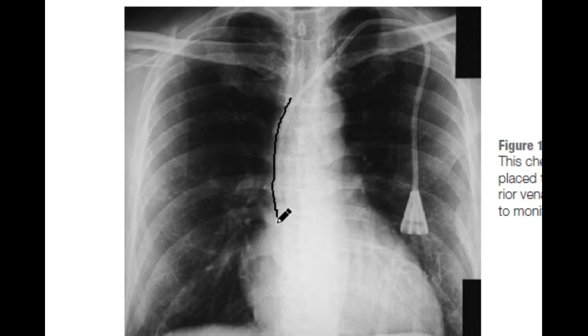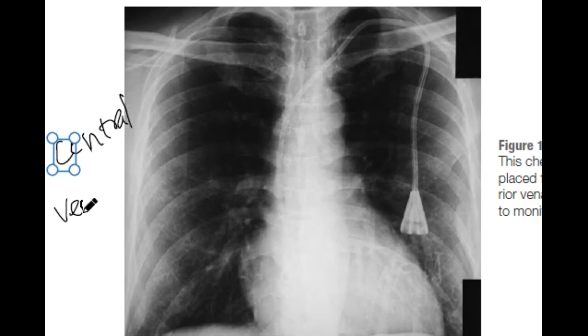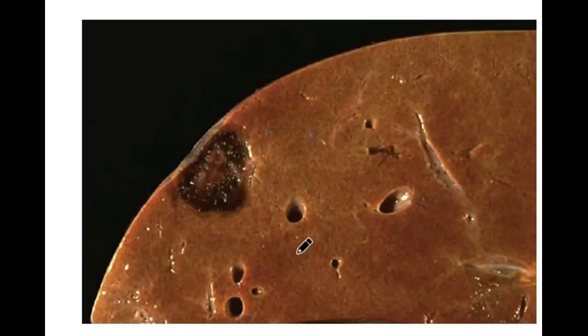You can even trace this catheter like this. So this is the central venous catheter, which is given for monitoring the fluid status of the patient.